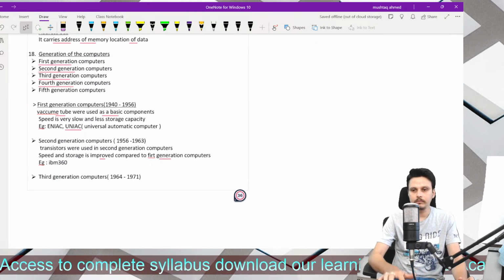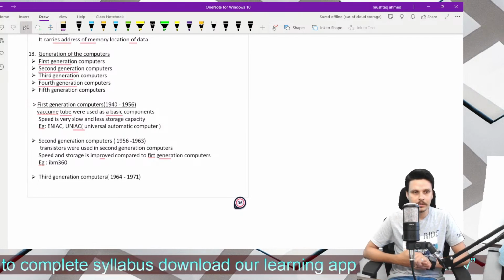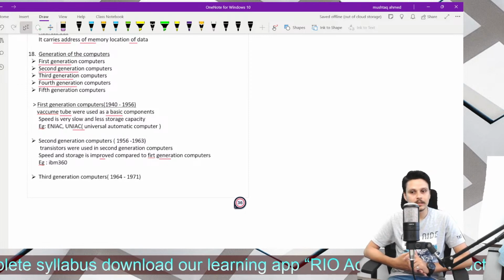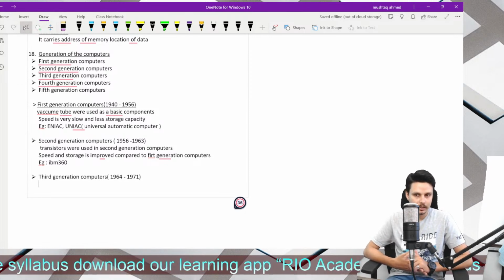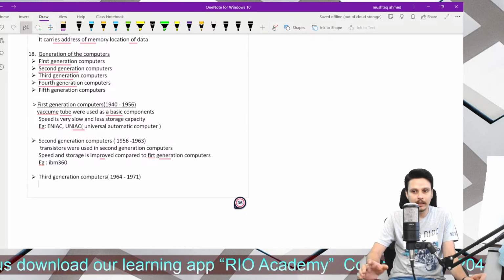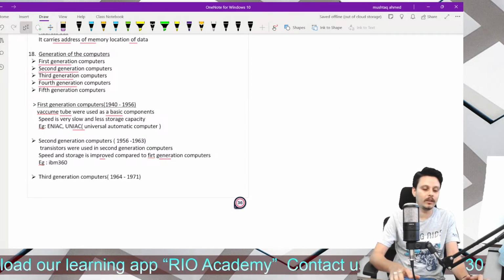So which component is used in third generation of the computers? Integrated circuits were used in third generation of the computers. So that component is very important. Just keep in mind which components are used in the generations of the computer.